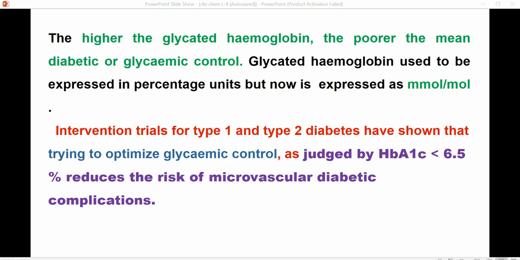The higher the level of glycated hemoglobin, the poorer the glycemic control by the patient.